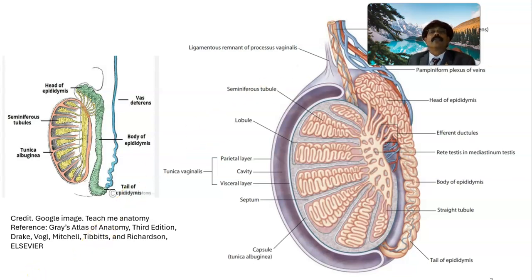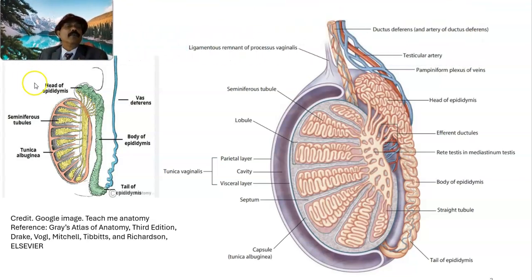If we look at this image, this is a very simplified image from Google. You see the testis here, and these are the seminiferous tubules. They contain spermatogenic cells as well as Sertoli cells.